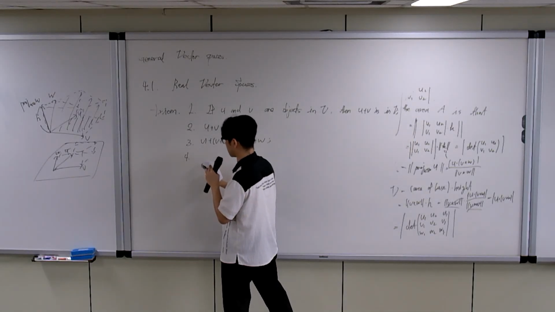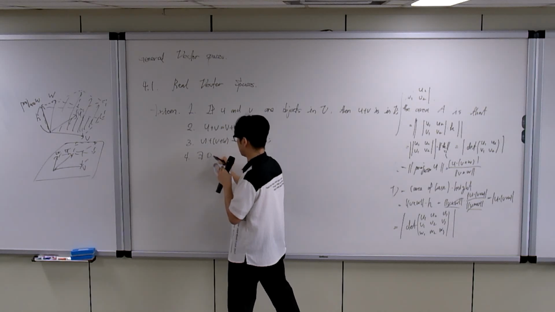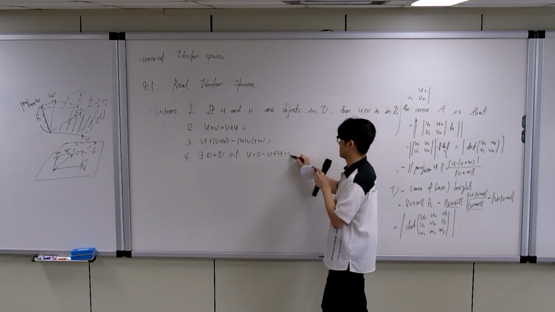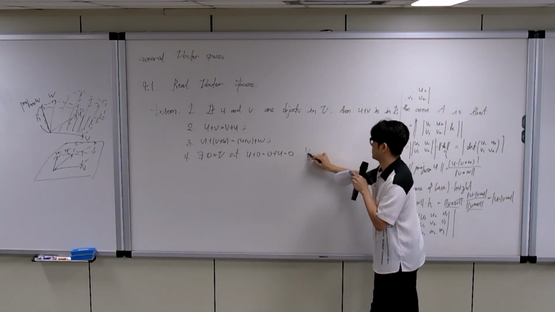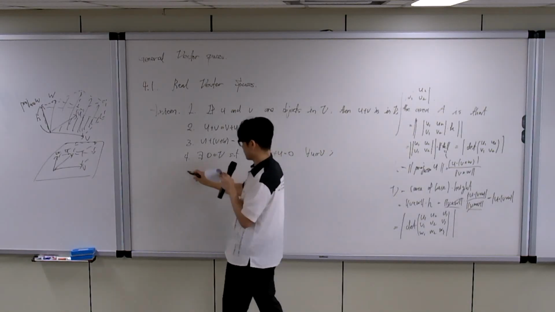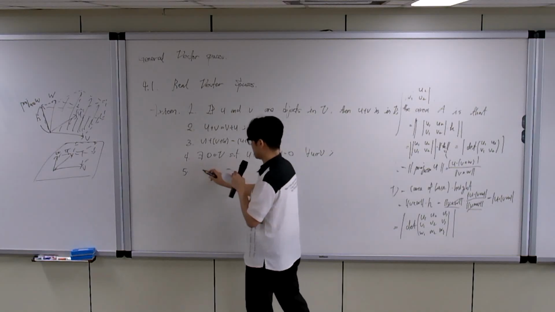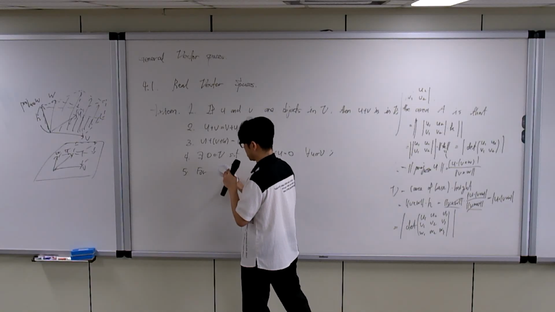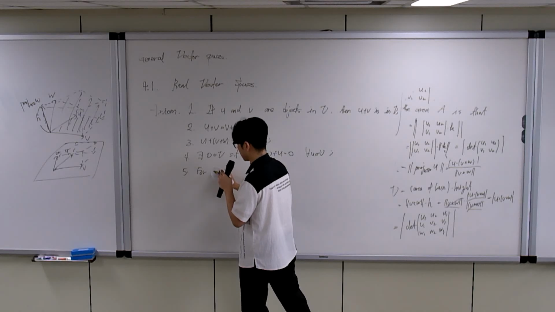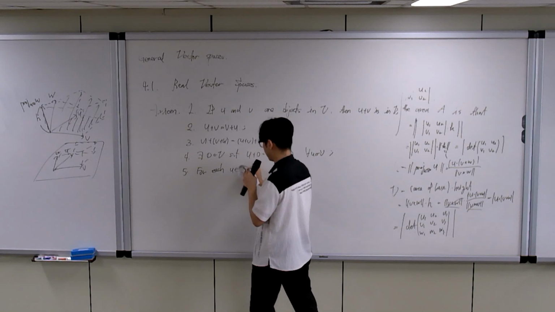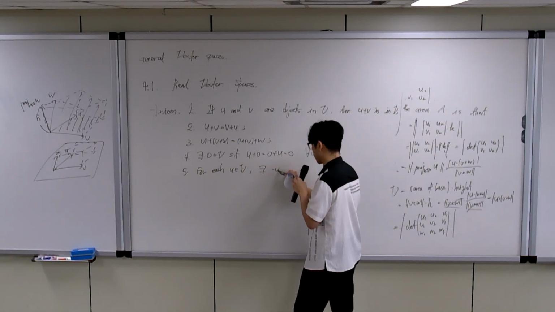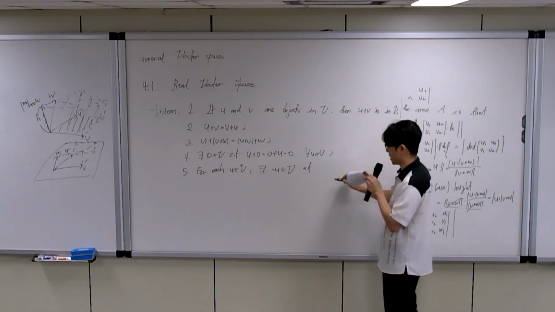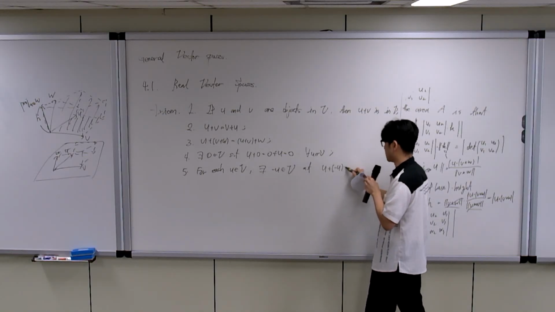And also we defined the zero vector: u plus 0 equals 0 plus u equals u, for all u in V. The fifth axiom is also important: for each u in V, there is an object minus u such that u plus minus u equals 0.